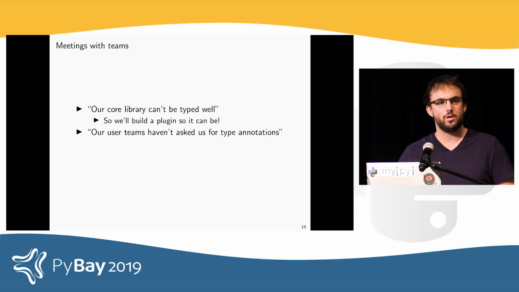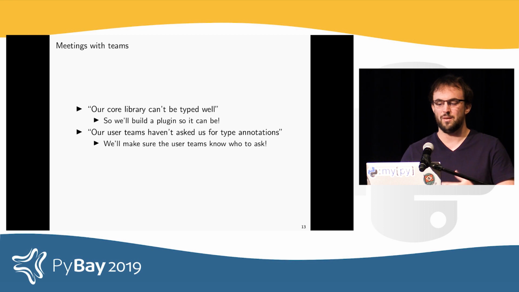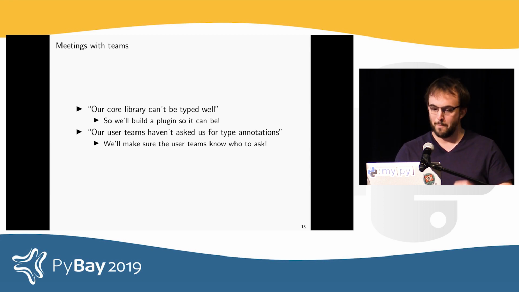And then another excuse we get a lot is, well, we'd like to type annotate our code, but we're a platform team, and none of the people who use our platform have been complaining to us about type annotations, so it's not on our roadmap. Well, they complain to me about not having type annotations. So one thing we do is make sure that people who have complaints about particular platforms missing type annotations know who the right people to talk to are, who to complain to to get it on someone's roadmap.